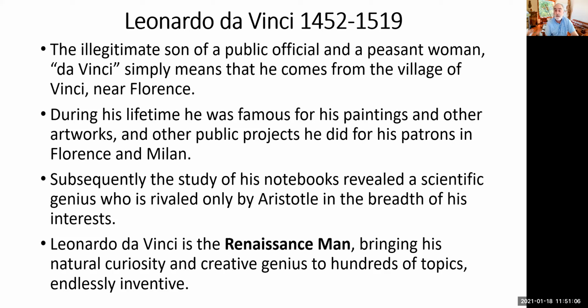Da Vinci's like that. He was an illegitimate son of a notary public in a little village called Vinci. So he's Leonardo da Vinci, Leonardo from Vinci is what that means. He comes from very humble origins, from outside the city of Florence. And he was mostly famous during his lifetime for the public things that he did.